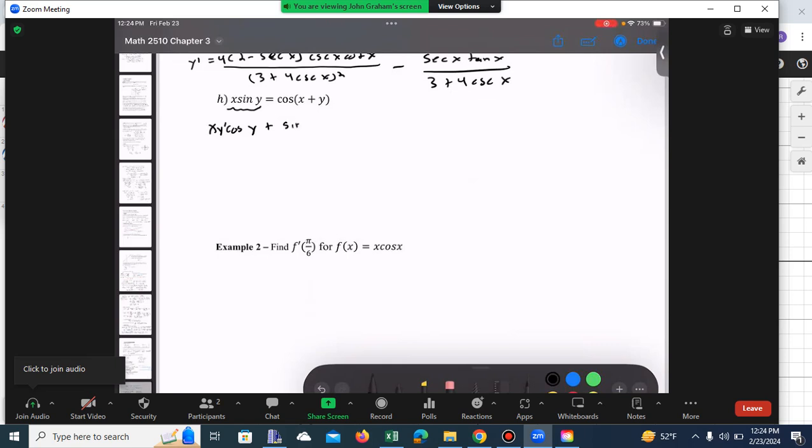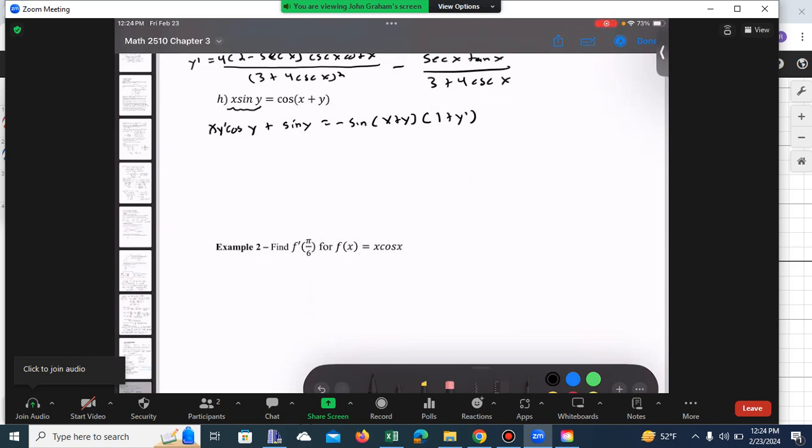We have sine. Then the right side, derivative of cosine is negative sine of x plus y. And then the derivative of the inside here is going to be 1 plus y prime. So now we can isolate y prime.